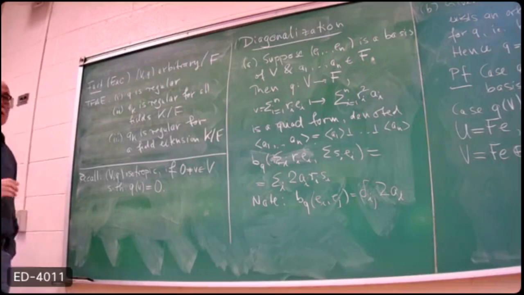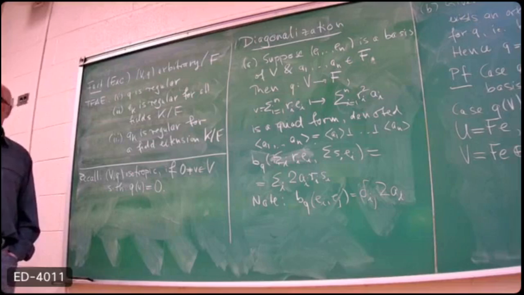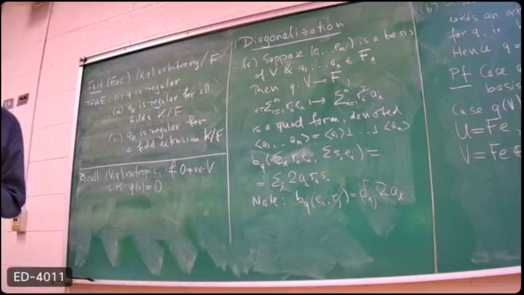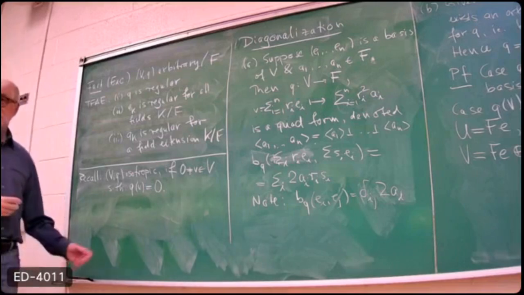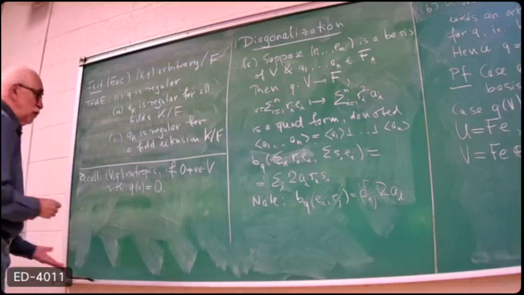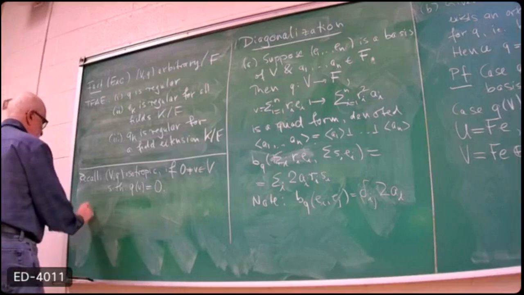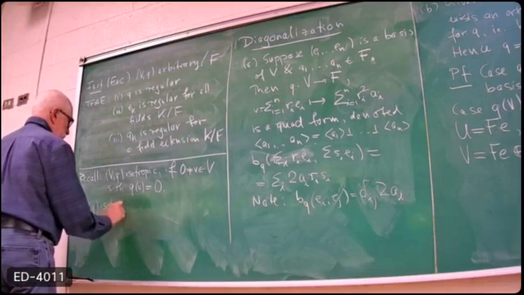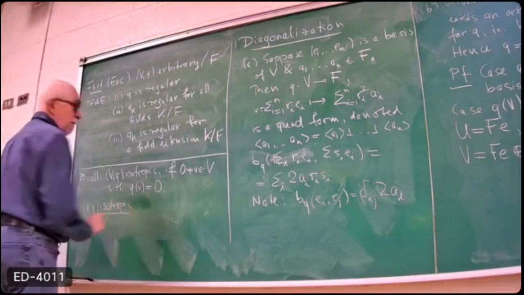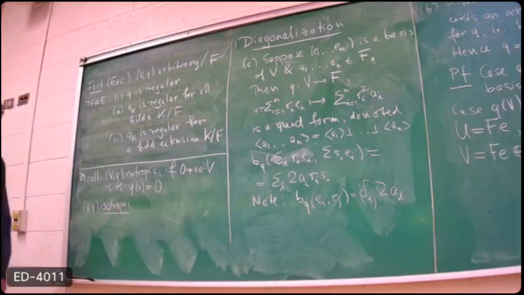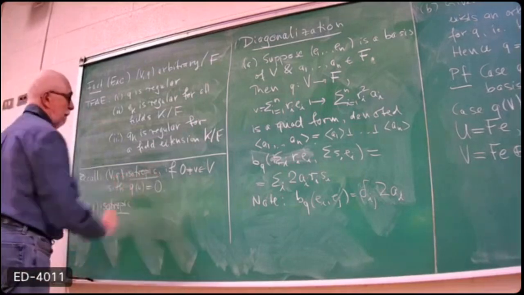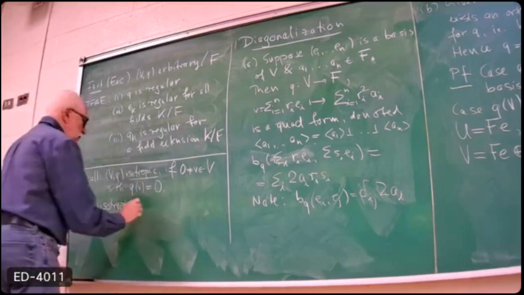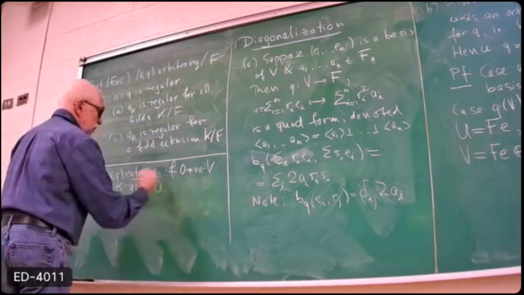Now, question. You can ask, how is isotropy related to base change? So let's start with a quadratic form which is isotropic. Now, we just rewrite this.